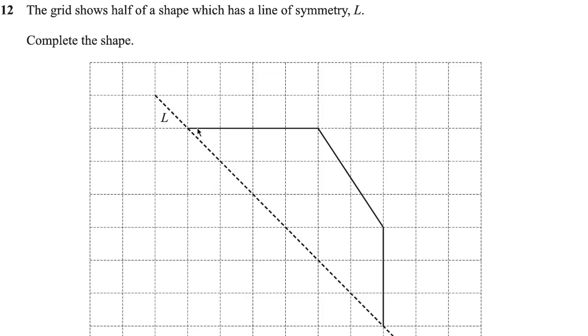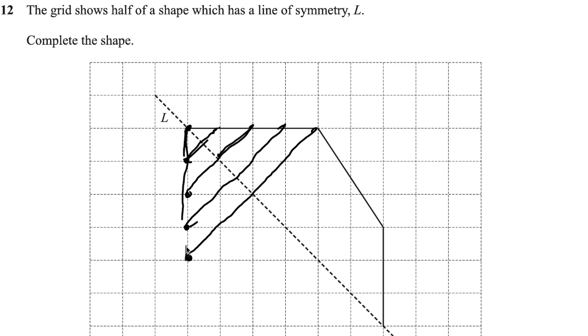Watch carefully: this is this, and if we reflect over here, we have this. Reflecting this to this side, we're going to have this. So this is literally the reflection.